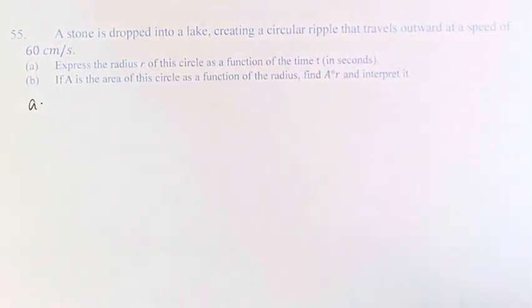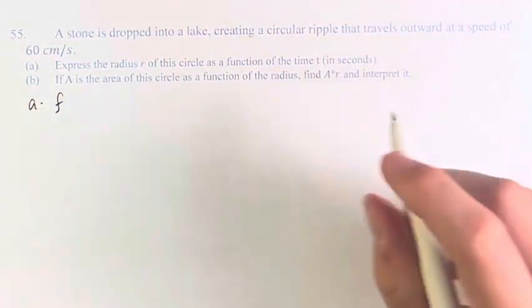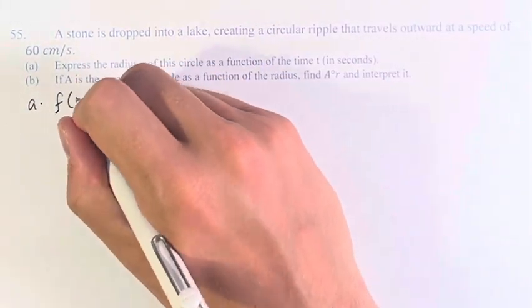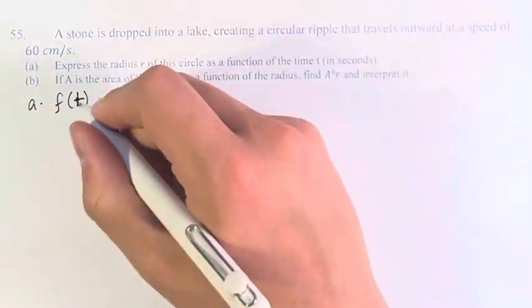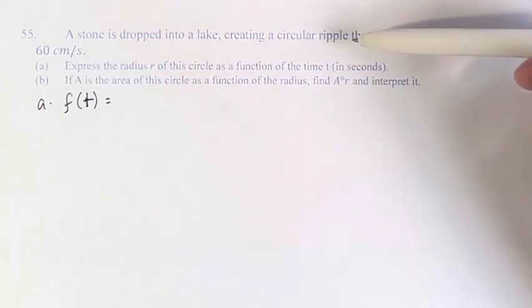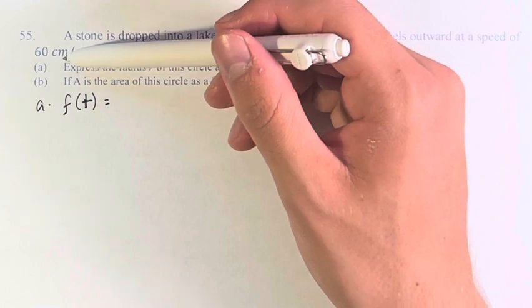Well, we have this function, right? We can call it f. It is a function of t. And to construct this function, we have to think about what kind of function it is. We have a circular ripple that travels outward at a speed of 60 centimeters per second.